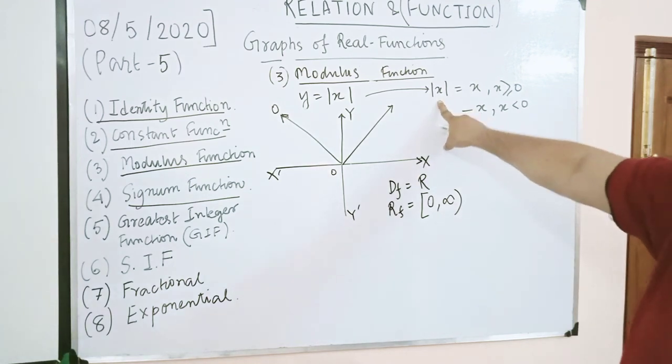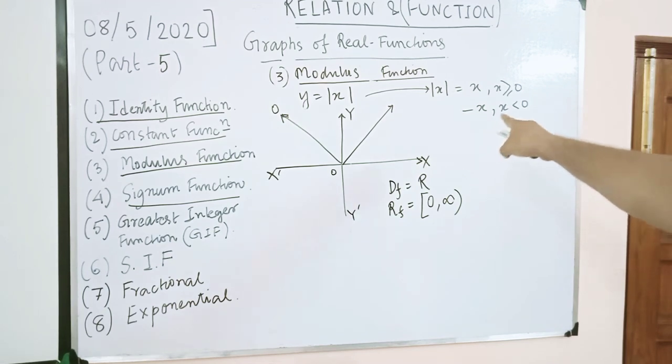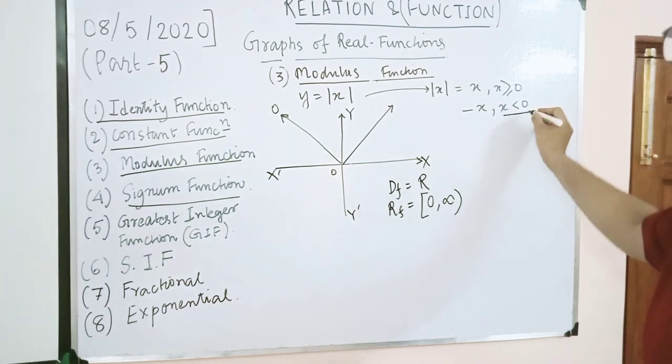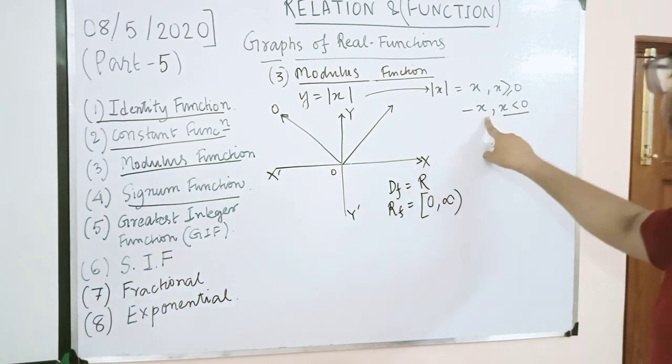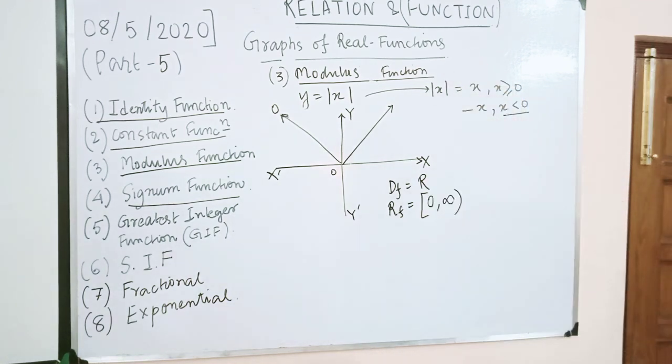When x is already negative, why negative? Look at this, x less than 0. When x is already negative, this minus is actually helping the negative x to become positive.